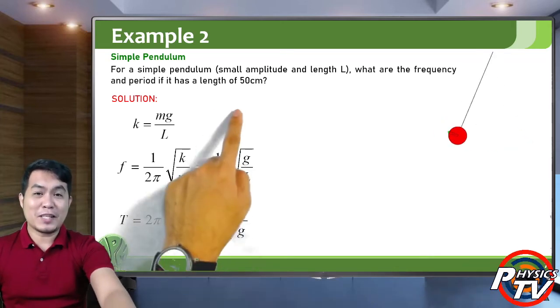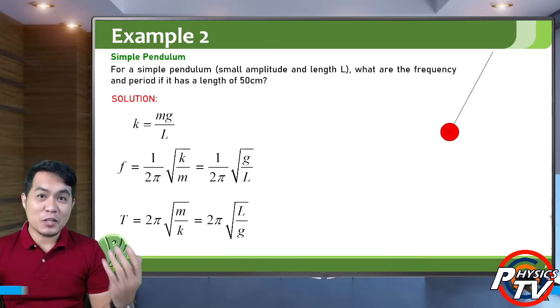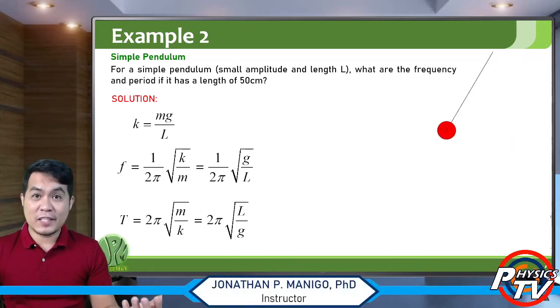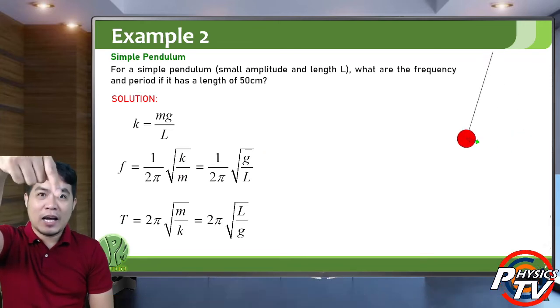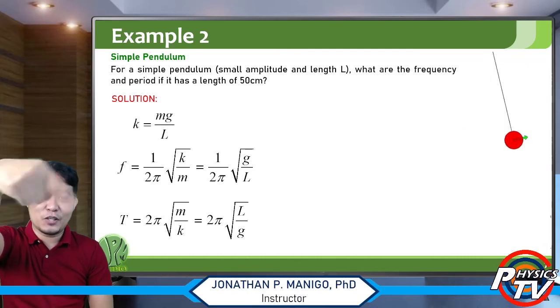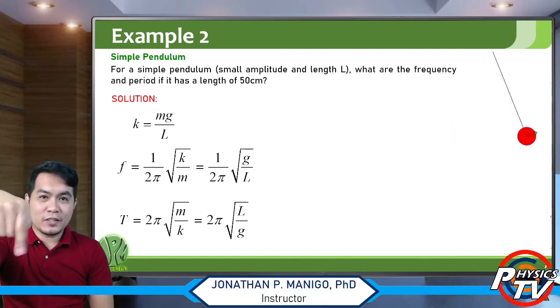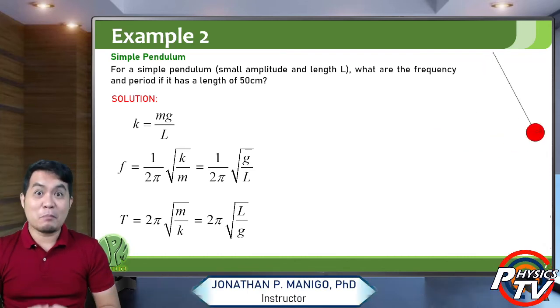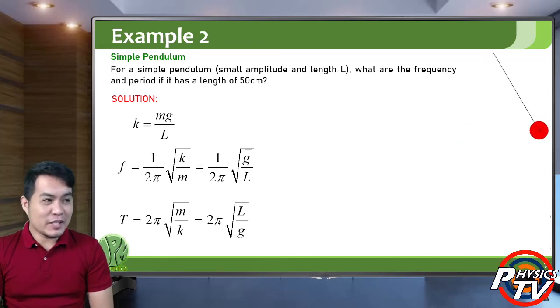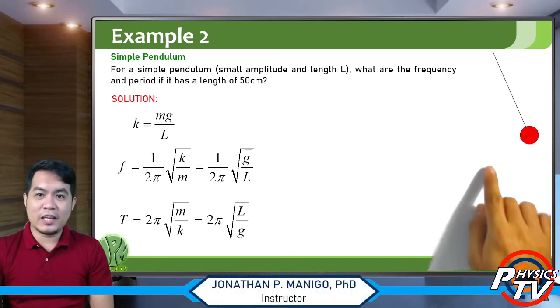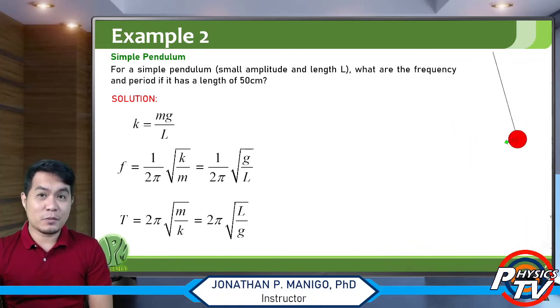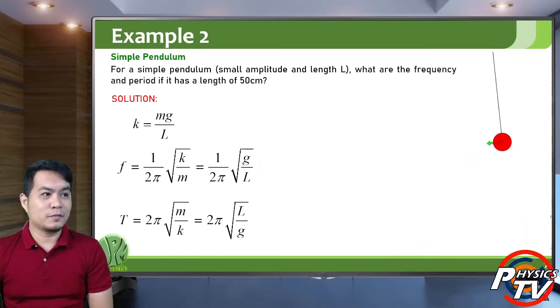So you are not given the mass here because it doesn't matter if you only have a simple pendulum, a pendulum with a very small amplitude of oscillation. If you now have a very large swing of your pendulum, then the mass will actually matter. But in this case, this is just a simple pendulum, so the mass of the object swinging doesn't matter yet.